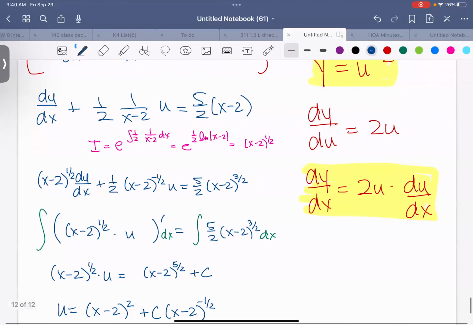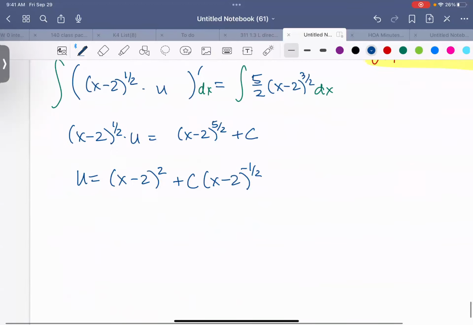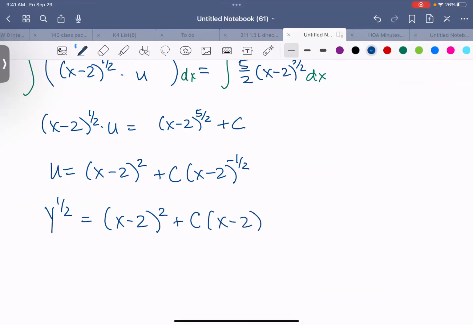And then we sub back in for u. u was y to the 1/2. I'm not going to solve for y because that would mean squaring all of that. I can write it out, but it's going to look just as messy as it does now. So no benefit to going to y equals.